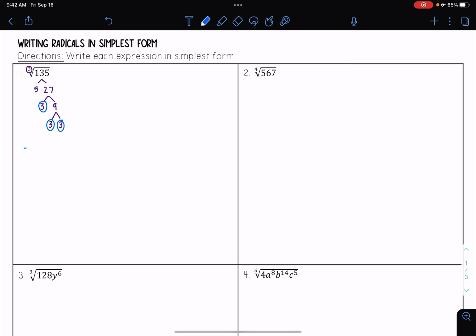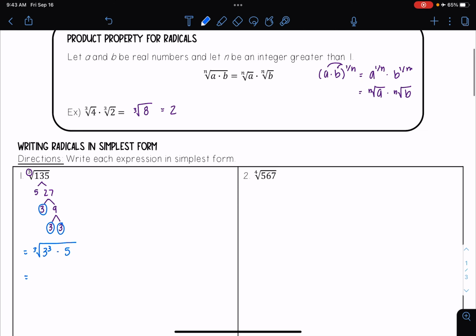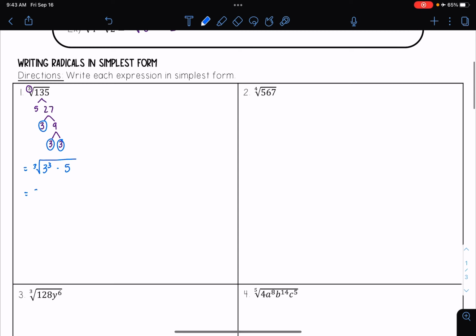But another way you can think about this is that I can rewrite this 135 to now be 3 cubed times 5. And from our product property, I can break that apart to be the cubed root of 3 cubed times the cubed root of 5. And so the cubed root of 3 cubed will just get me 3, and then the cubed root of 5.